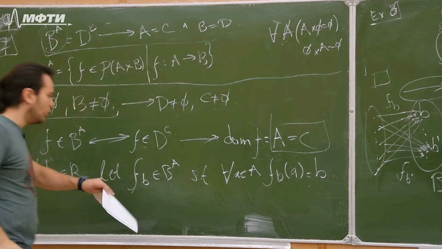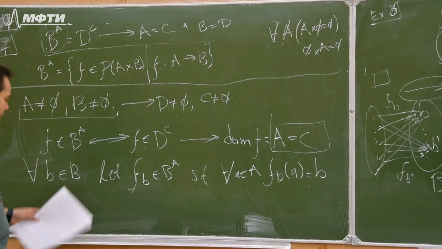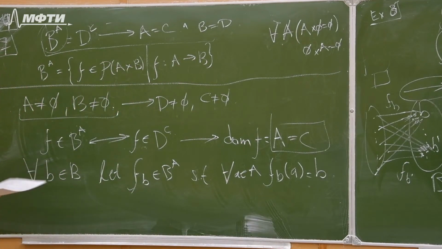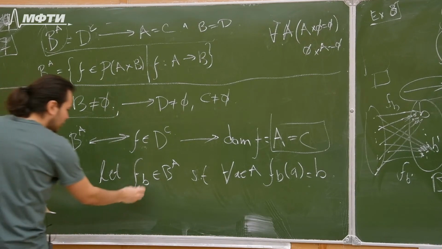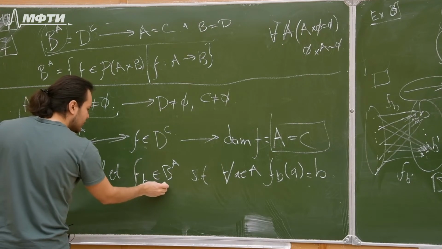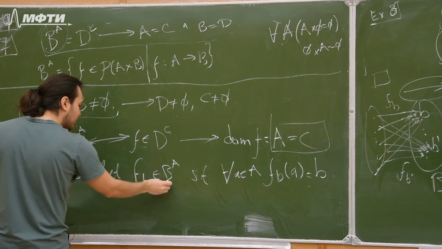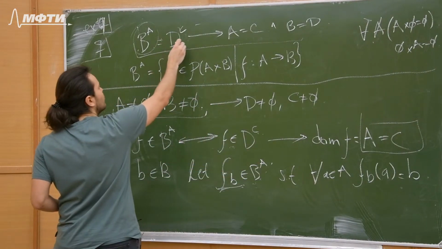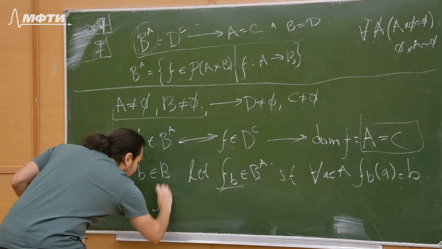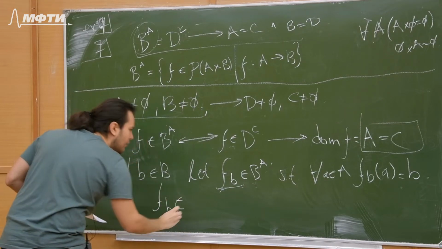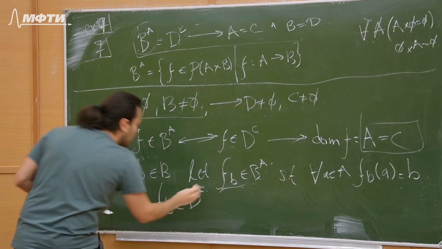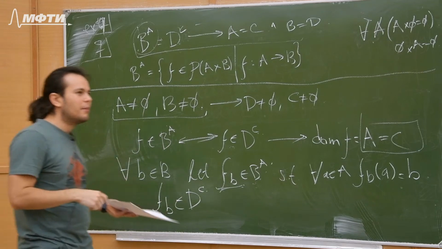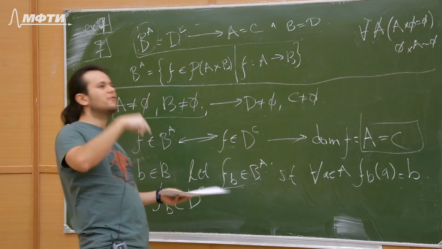So this is for all the b in capital B. And so since this is a function from A to B, and B to the A is equal to D to the C, then f sub b is an element of D to the C as well. So it's a function from C to D as well.